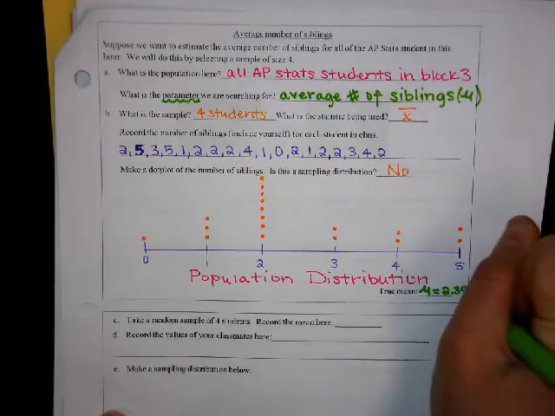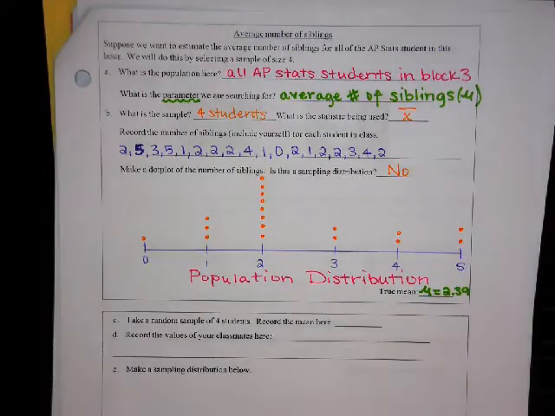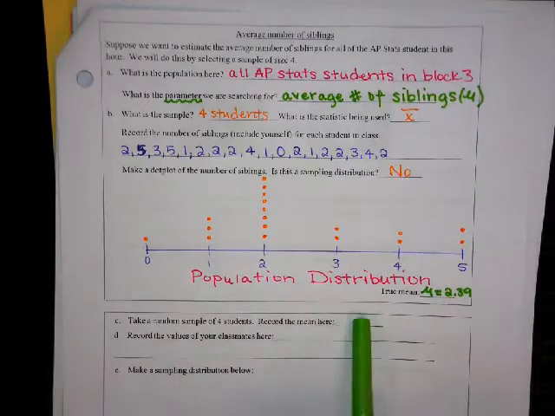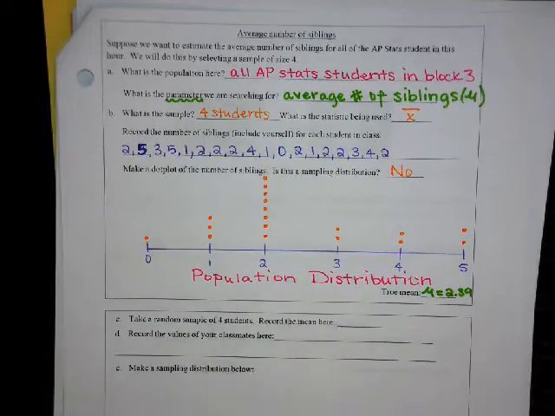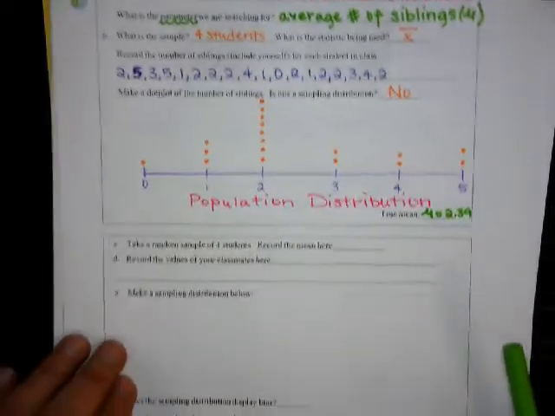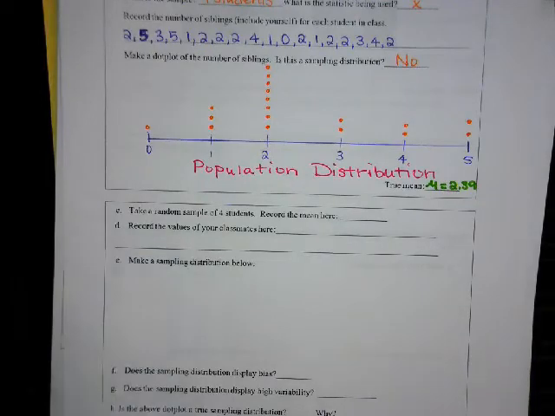All right, so now we're going to take a random sample of 4 students, and we're going to record the mean. I'm going to show you how to do it. Then I'm going to have you guys do it, and we're going to record everybody's sample of 4 students. Okay? Now, up here, we have everybody, the population, the number of siblings they have.